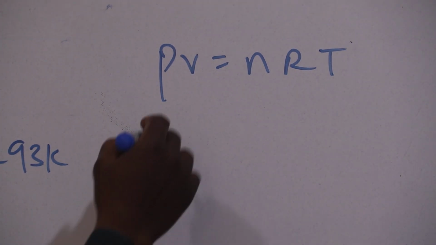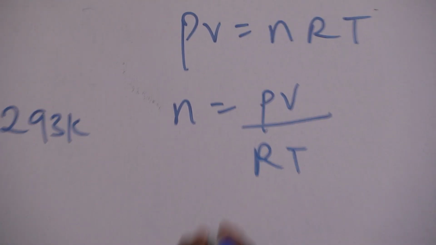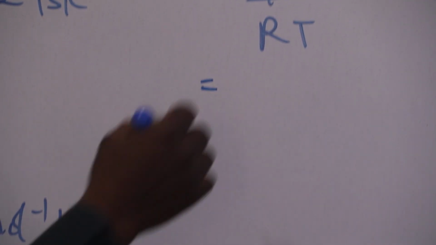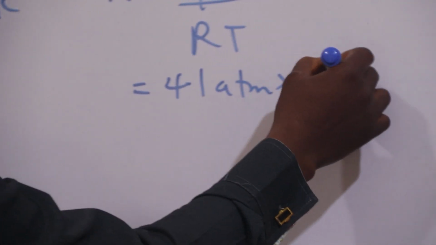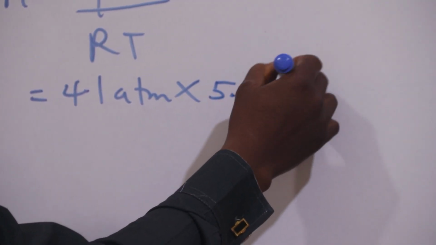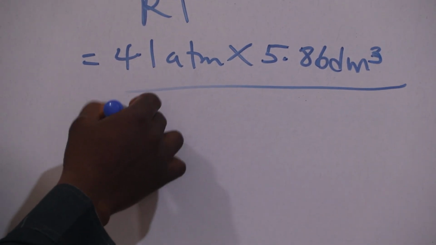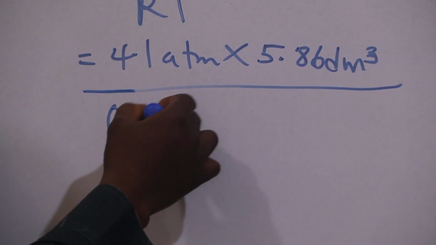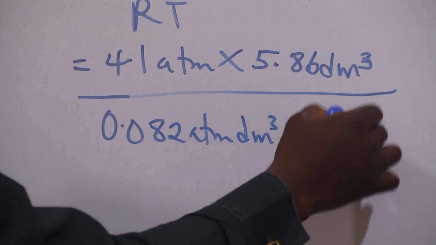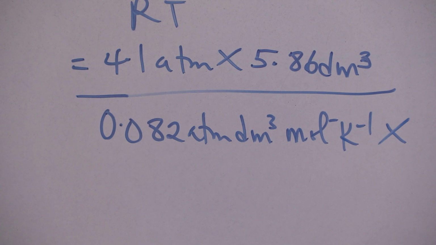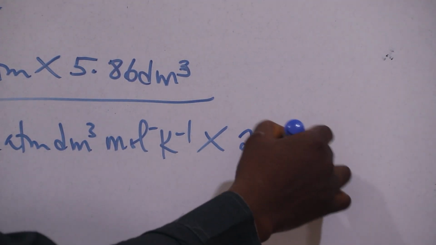We can make n the subject of the formula: n is equal to PV over RT. Let's substitute. Our P is 4.1 atm, and our V is 5.86 dm³, over our R, which is 0.082 atm dm³ per mole per Kelvin, multiplied by our T, which is 293 Kelvin.